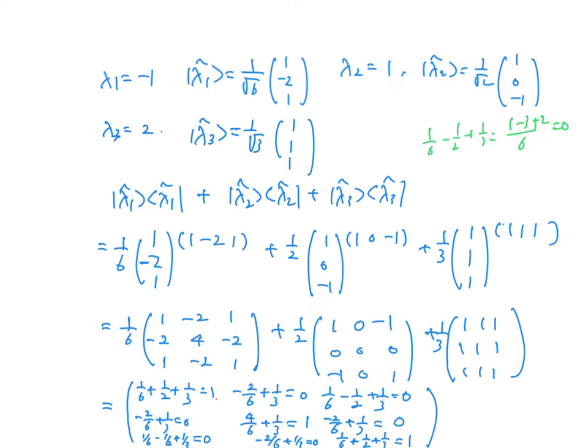So it's 1, 0, 0; 0, 1, 0; 0, 0, 1. This is the identity matrix.